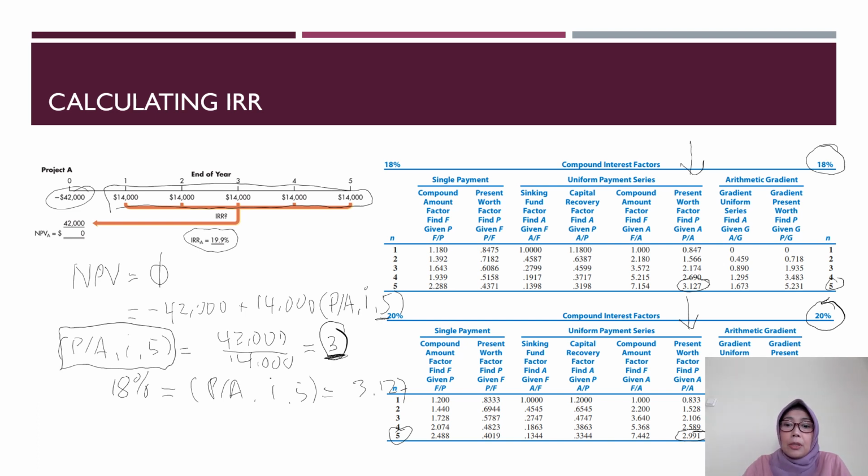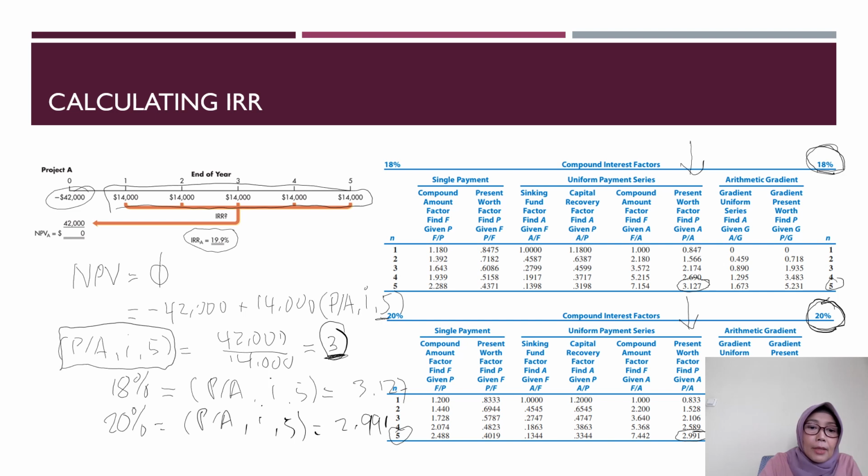This is the closest number to the 3. So we can write down here that 20% present annuity is equal to 2.991. From here we can calculate the NPV for 18% and the NPV for 20%.